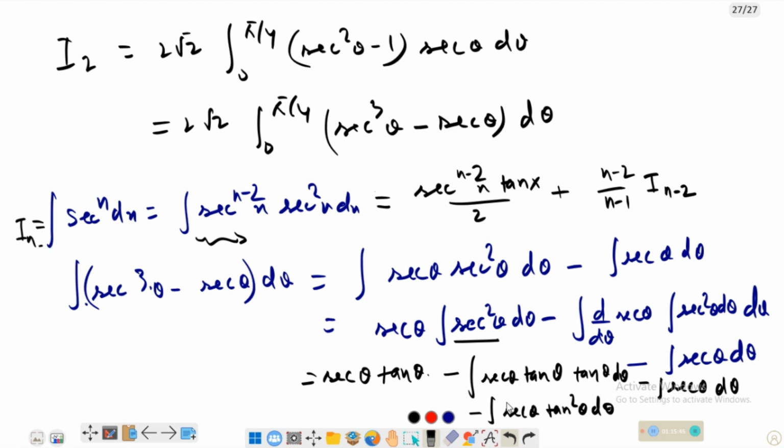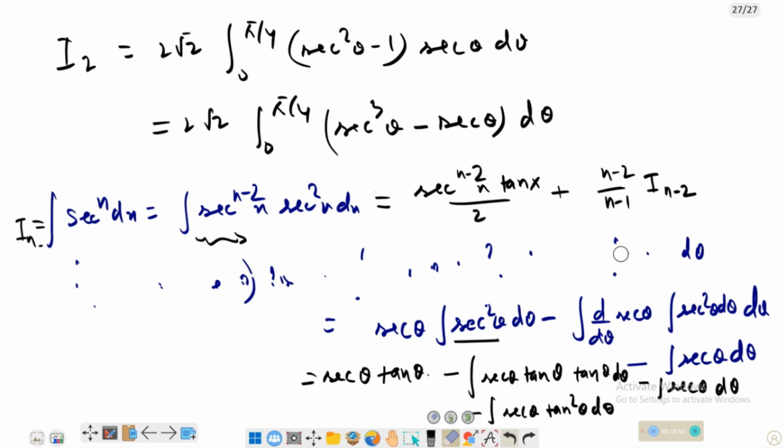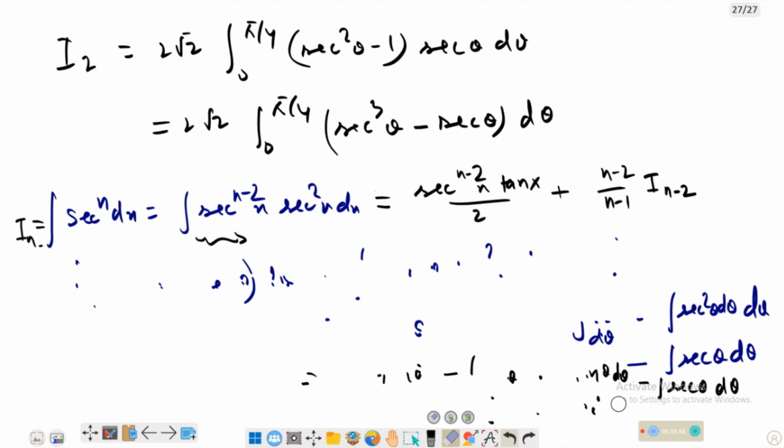Basically here I use this formula directly. This is very calculative, so I use this inductive formula directly.